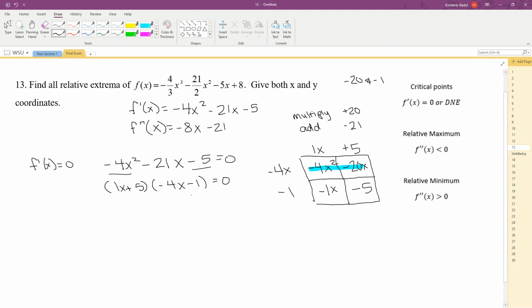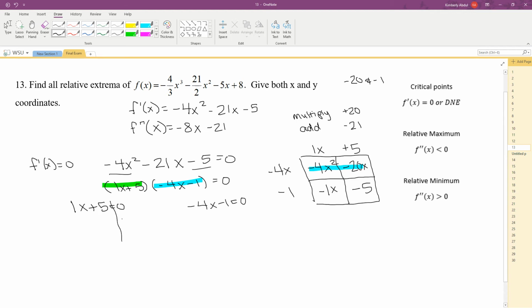So to figure out when this is equal to 0, you can use the zero product rule. That means that either this part needs to be equal to 0 or this part needs to be equal to 0. So I'm going to solve for when 1x plus 5 equals 0, and also when negative 4x minus 1 equals 0.